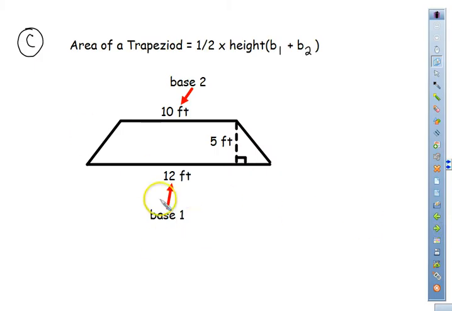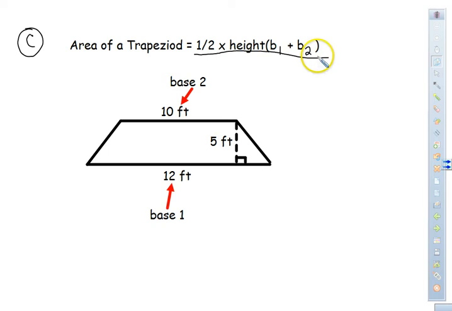Now, when we use area of a trapezoid, it's using this formula right here: 1/2 times the height times base 1 plus base 2. As you can see here, I identified them as base 1 and base 2, and you can simply take those problems and plug that information into this.